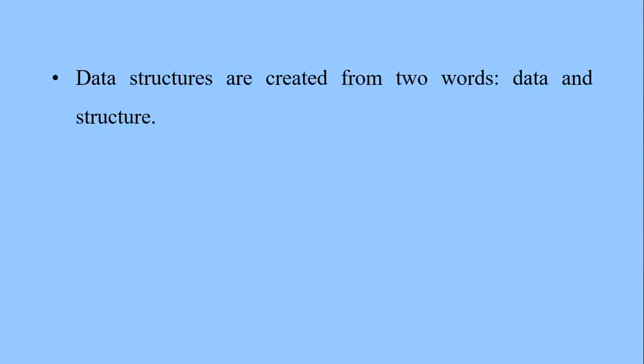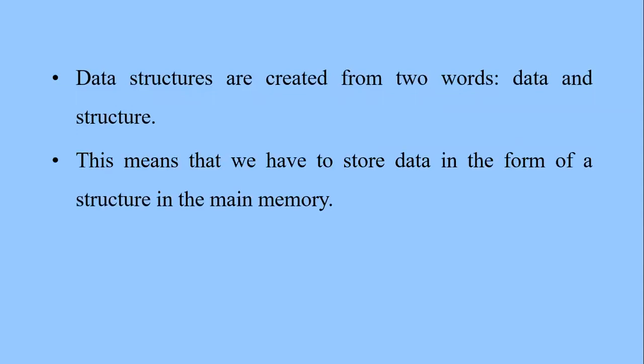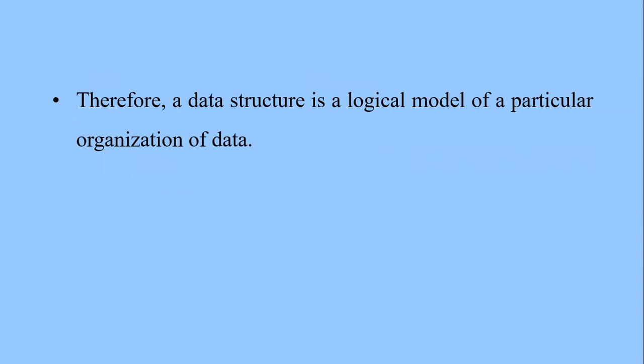Data structures are created from two words, data and structure. This means that we have to store data in the form of a structure in the main memory. Therefore, a data structure is a logical model of a particular organization of data.